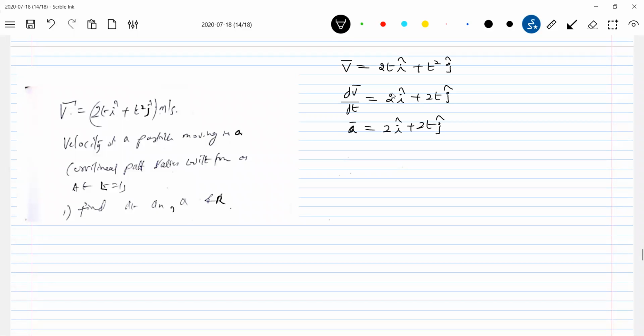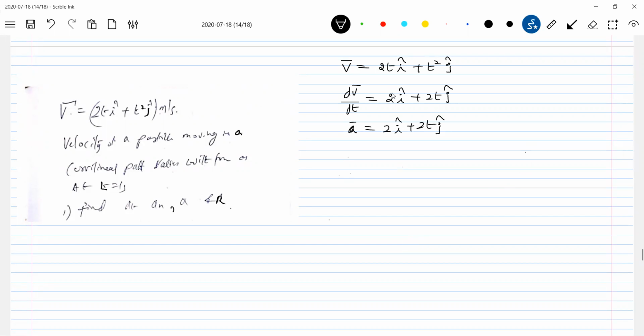Now, for curvilinear motion, what is this a bar? For the rough path at t equal to 1, we write ds by dt, dx by dt. It's a rough estimation, just to make you understand.